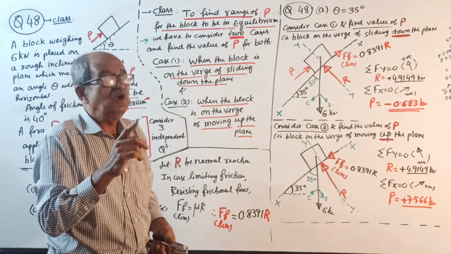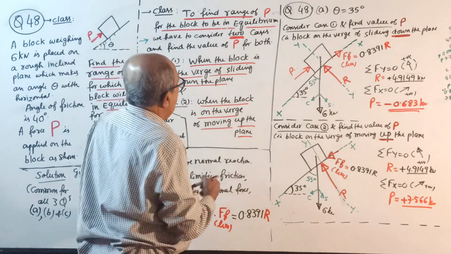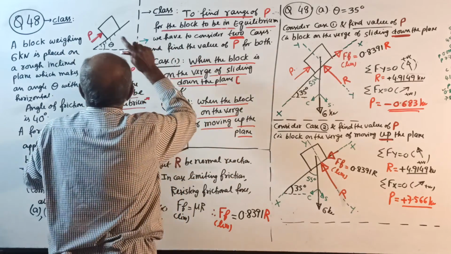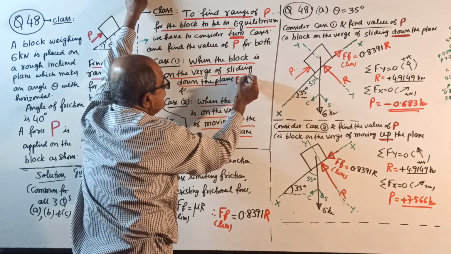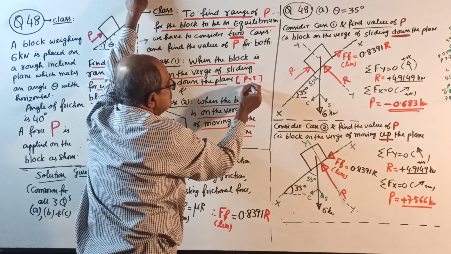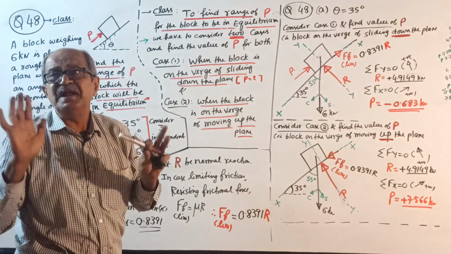That is, you have to find what value of P is required just to prevent it from sliding.